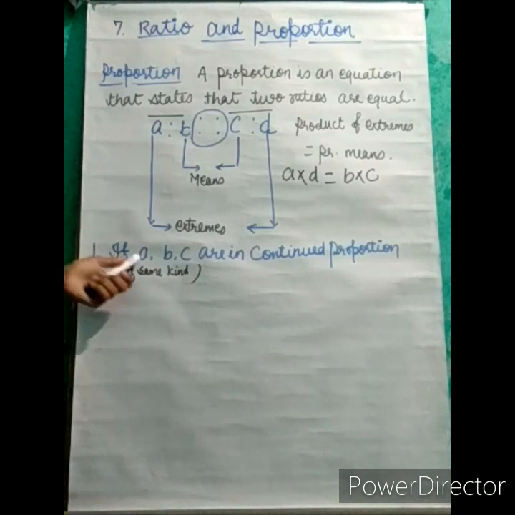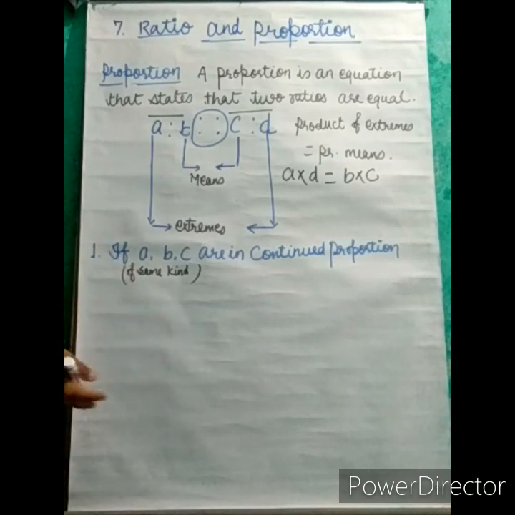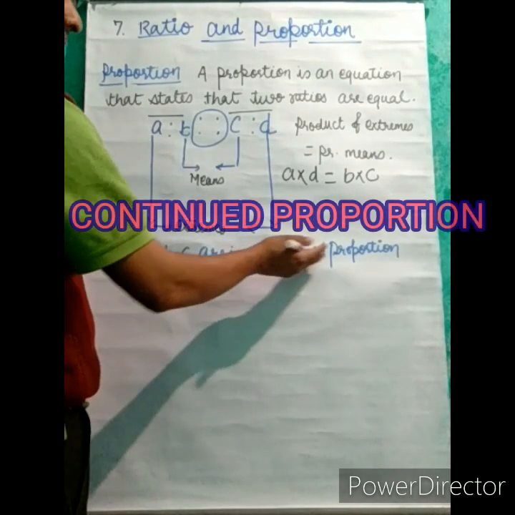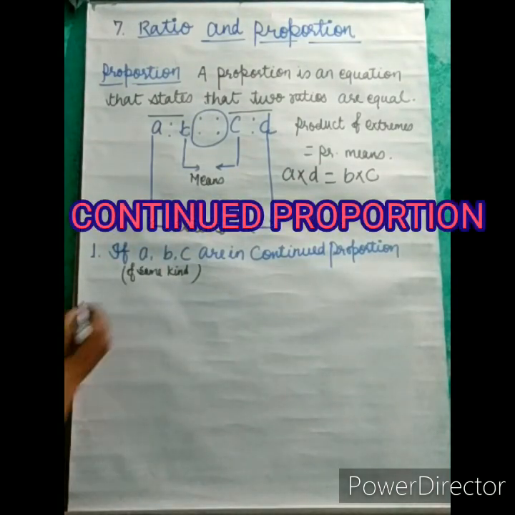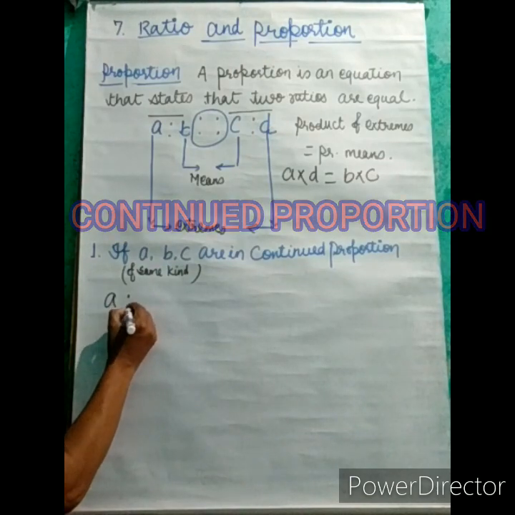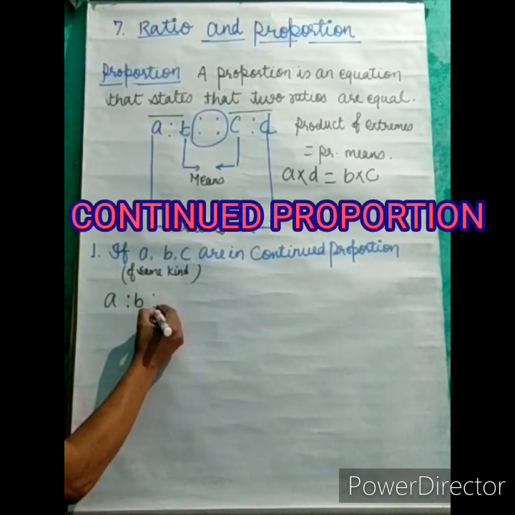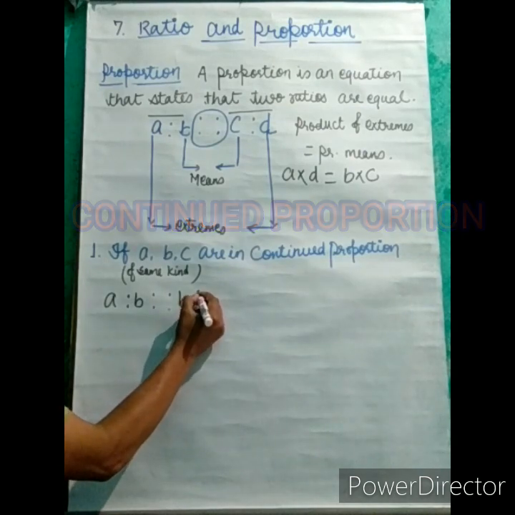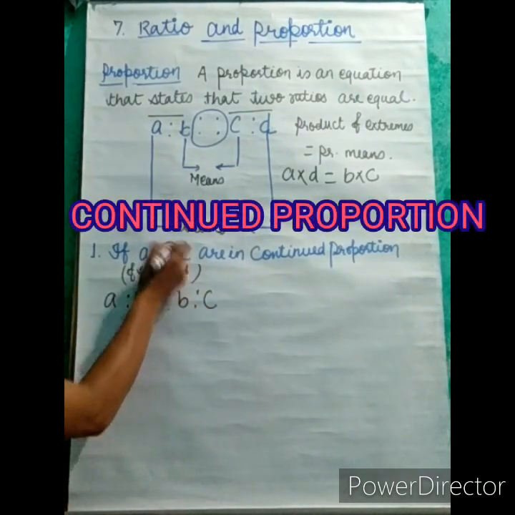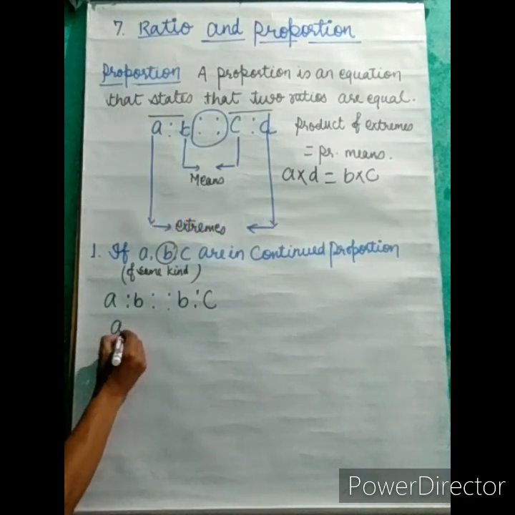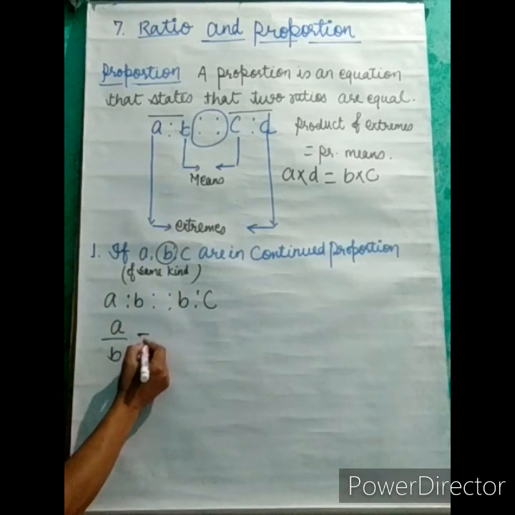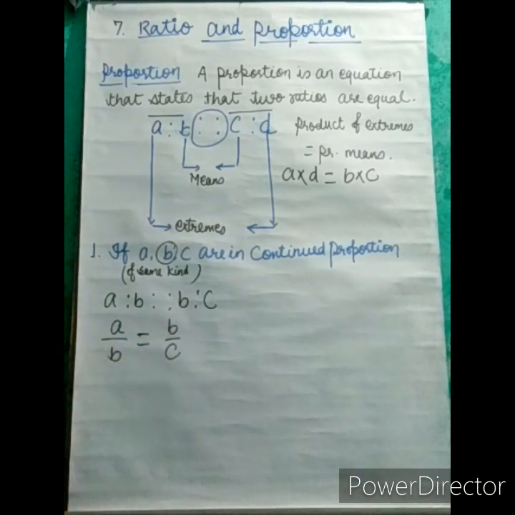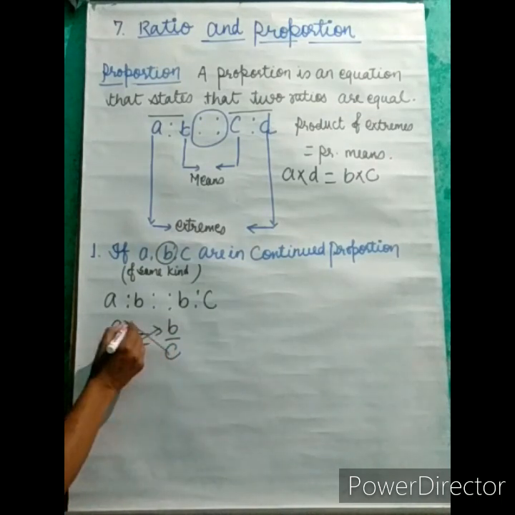Next, if A, B, C are of the same kind or same quantities and they are in continued proportion, we can write A ratio B is proportion to B ratio C. The middle term we write two times. So it becomes A over B, and in place of proportion you can write the equal to sign, B over C. Here you can cross multiply.